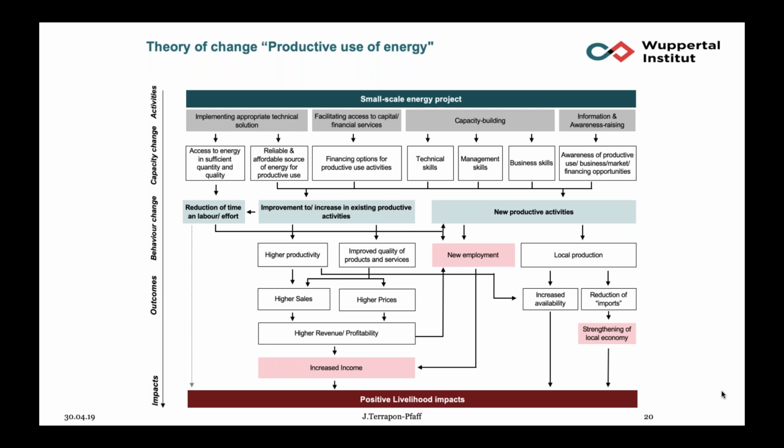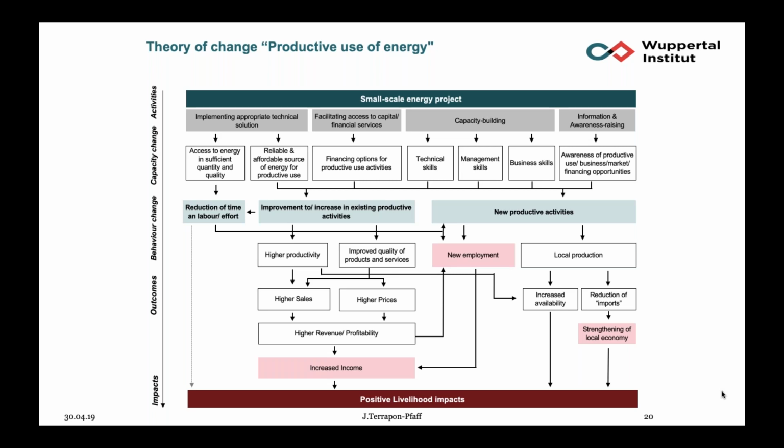You need capacity building, especially for the productive activities, like technical skills, management skills, business skills. And what we also found to be really important is to raise awareness of market opportunities and business opportunities. So what can really be done? Because in the local settings where our small-scale projects are based, many people don't have this information available to them.